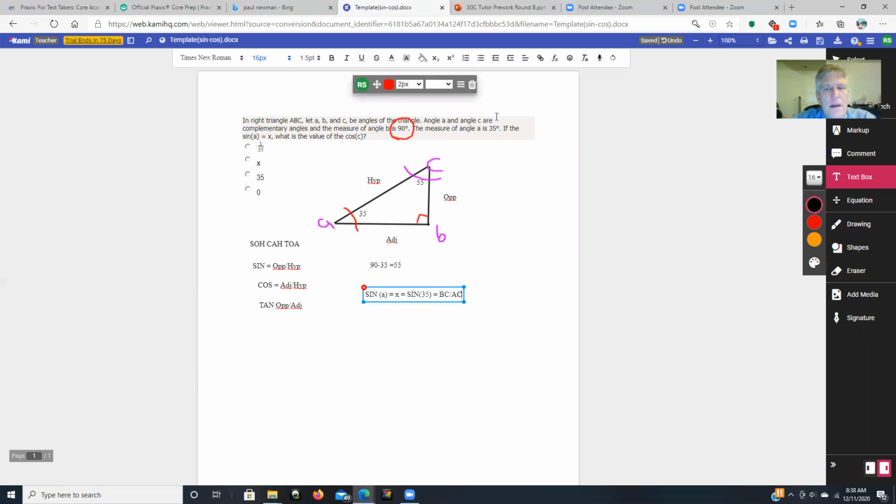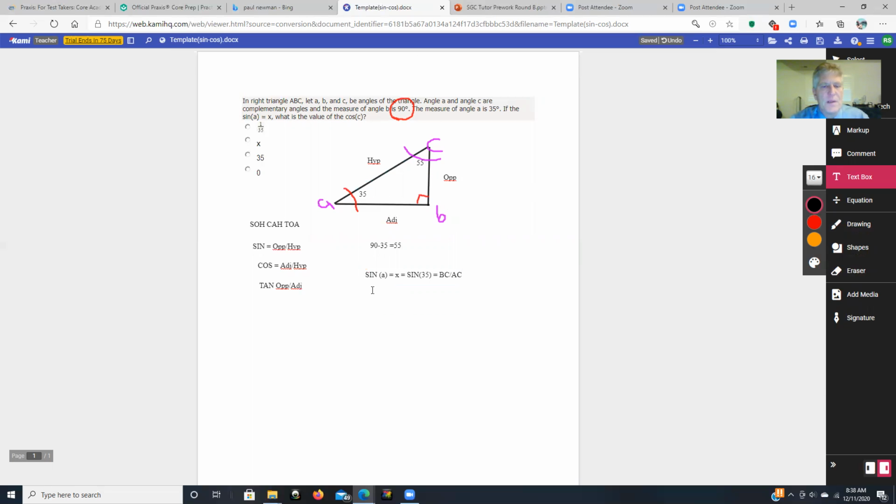Now they're saying if the sine of angle A is equal to X, what is the value of cosine of C? So now we would be switching to this angle. So let's just set that up. Now we're talking about cosine, and this time we're talking about angle C. Let's think about what's happening here.